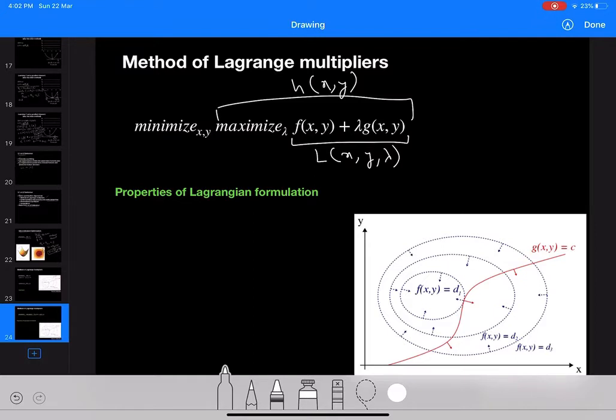That's helpful. Now let's see the optimality conditions, or some properties. The first property is that the gradient of the Lagrangian with respect to x, y and lambda is equal to 0, and this translates to this.